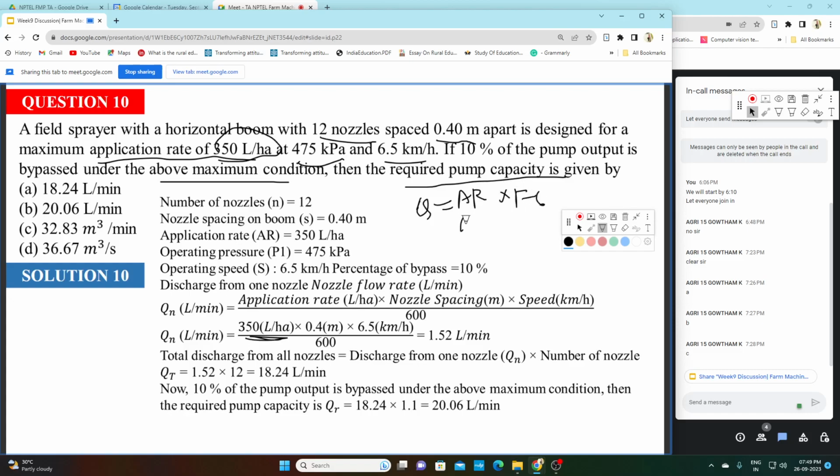Application rate here is liter per hectare, and your field capacity is hectare per hour. So you can get your Q in liter per hour, and liter per hour you can change in liter per minute by converting hour to minute. 1 hour equals to 60 minutes.